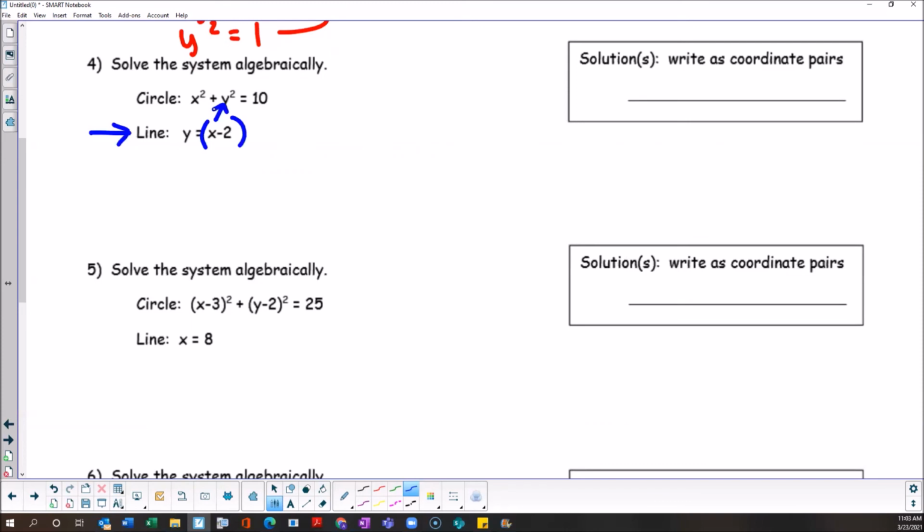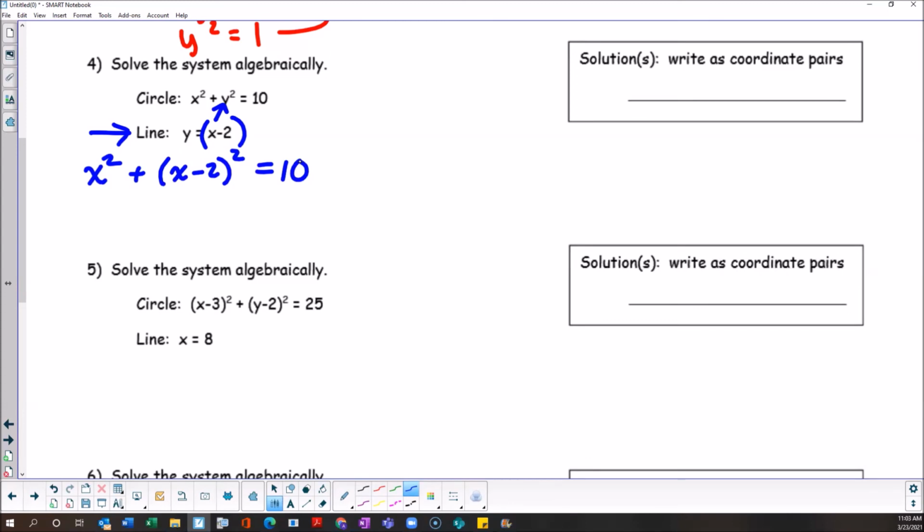So it gets a little messy, but when we do that, we'll have x squared plus, instead of y, I'm going to put x minus 2 squared equals 10. So what do I do when I have to square x minus 2 quantity squared? What do you have to do with that? Yeah, like FOIL it, right?